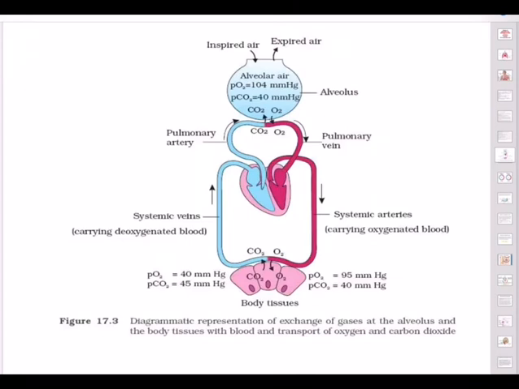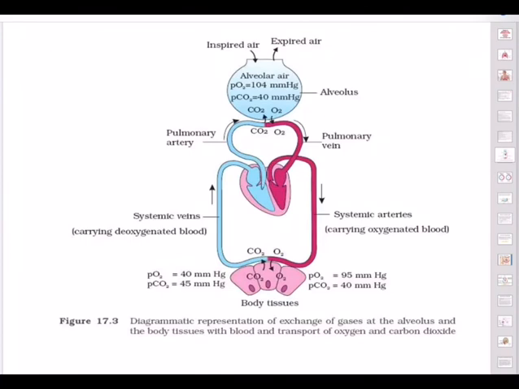Partial pressure is measured in mmHg. For respiratory gas, let's say oxygen, in atmospheric air it is 159 mmHg. In alveoli, as you are seeing, 104 mmHg. Deoxygenated blood 40 mmHg. Oxygenated blood has to be 95 mmHg, as you are seeing, and in tissues it is 40 mmHg. So these partial pressure values are to be maintained, then only oxygen enters inside the tissues.